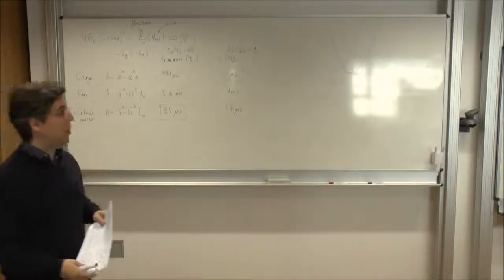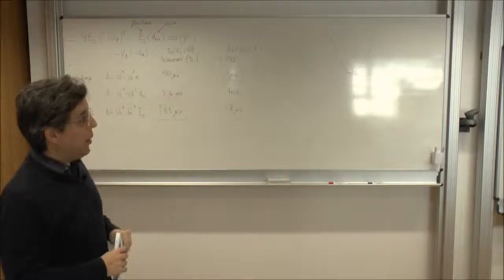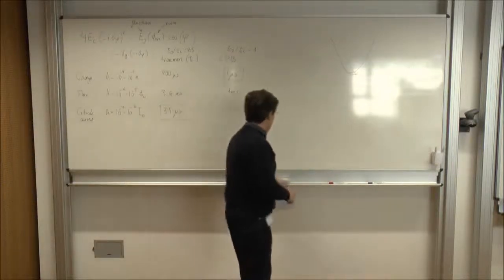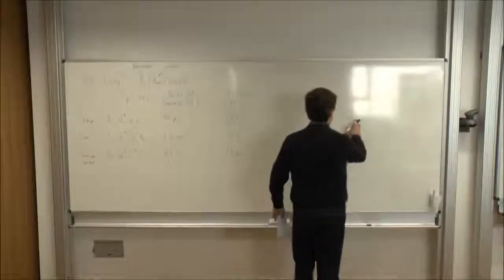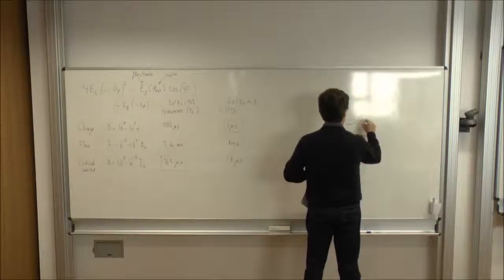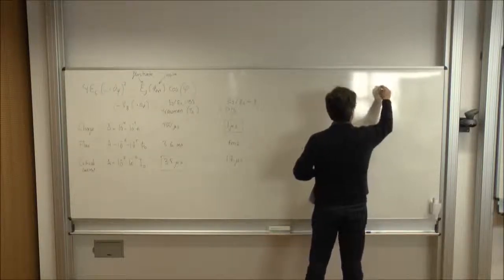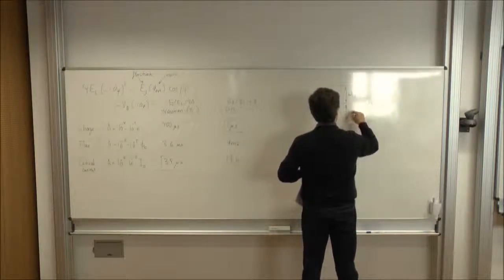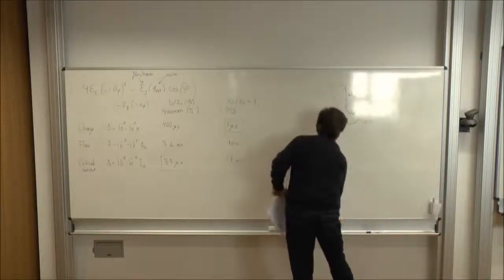When you increase EJ over EC to a ratio of around 30, you have the energy levels: your ground state, your first excited state, and your second excited state. The splitting would be omega 1,2 versus omega 0,1.